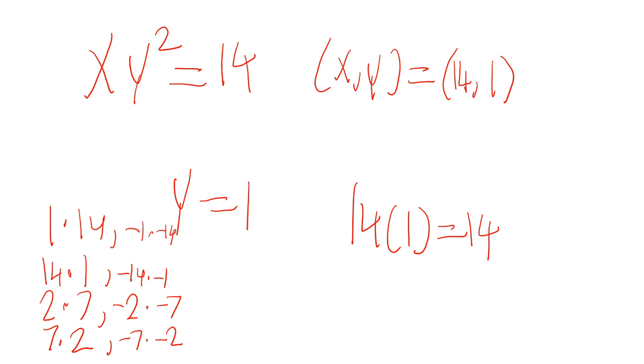So we have 14 and 1, that works out. Let's try another one. We can have 14 times negative 1 squared. Negative 1 times negative 1 is 1. 14 times 1 is 14. We can have 14 and negative 1. Those are two possible integer solutions. Now, we can't have negative 1 and 14 because that's a square 14.